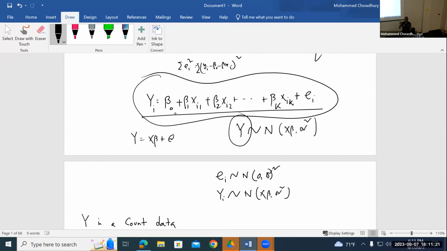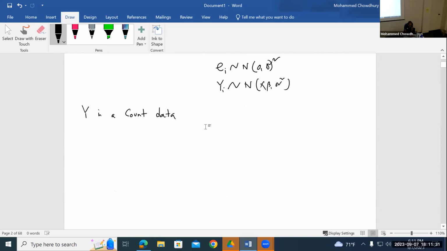Number of COVID patients, number of phone calls, number of traffic accidents, all of this. Clear, right? So this Y is count data. When Y is count data, we cannot use the multiple linear regression that I just mentioned. We have to use Poisson regression. Okay? We have to use Poisson regression.